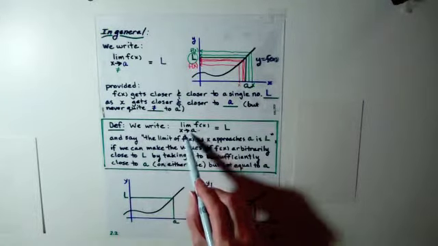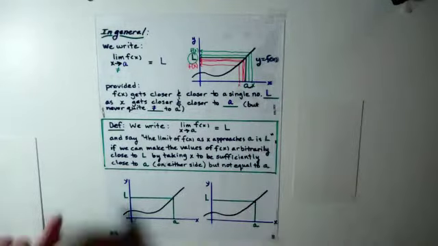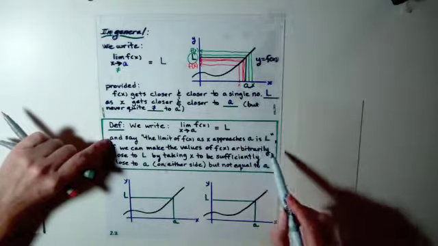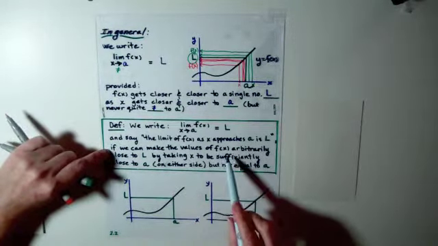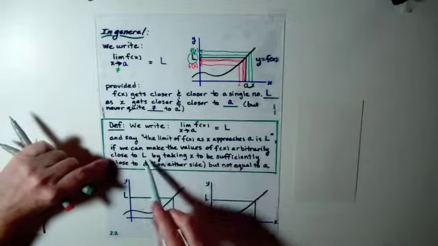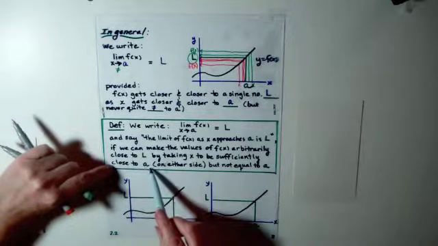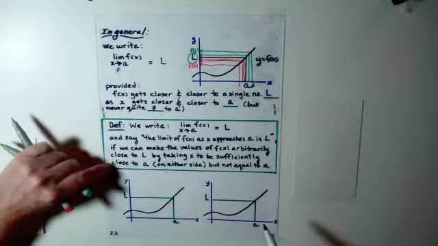We write the limit as x approaches a of f of x is equal to L, and we say in words the limit of f of x as x approaches a is equal to L if we can make the values of f of x arbitrarily close to L by taking x to be sufficiently close to a on either side, but not equal to a.